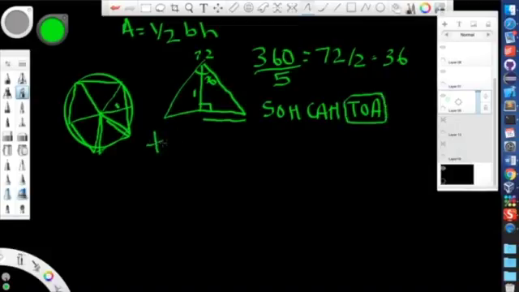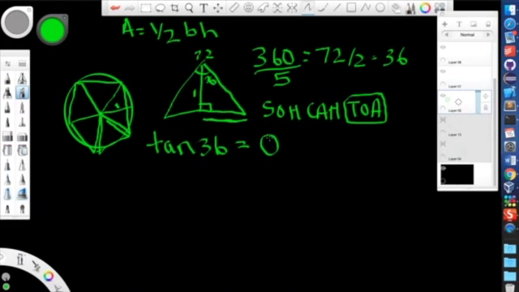So we will do tan 36, we're going to use that angle, equals opposite over adjacent. The opposite side of 36 is this side, which we don't know. So we're going to leave it as O. And it's going to be over the adjacent side, which is this side, so that will be 1. So we can just ignore the 1 because we know anything divided by 1 is itself.